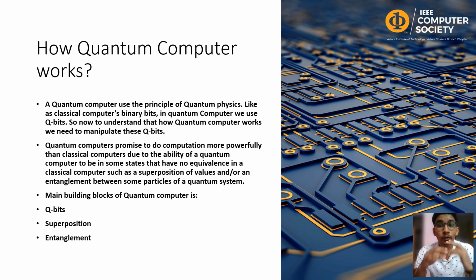So basically, you are altering the possibilities while you are running an algorithm. One of the most famous algorithms, Shor's algorithm, I shall discuss in the very next slides after entanglement. We'll now move to the basic building blocks of the quantum computer, that is superposition and entanglement.